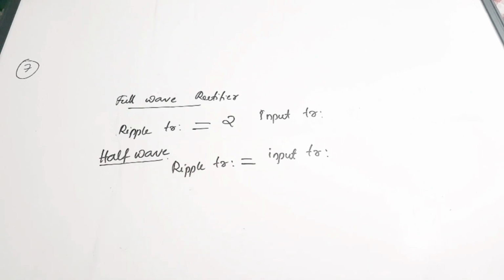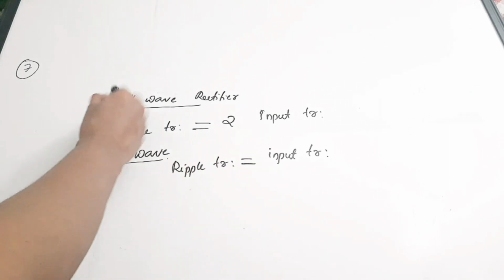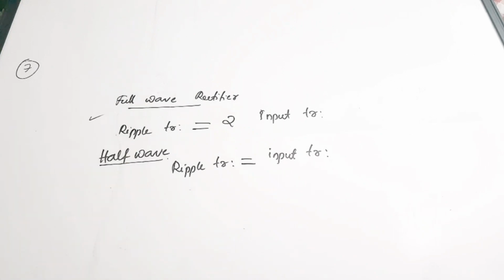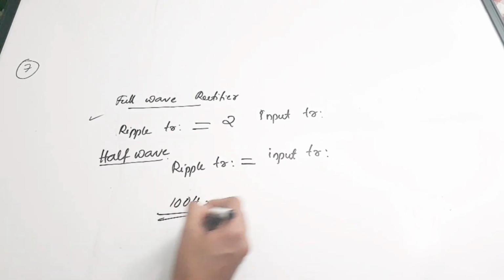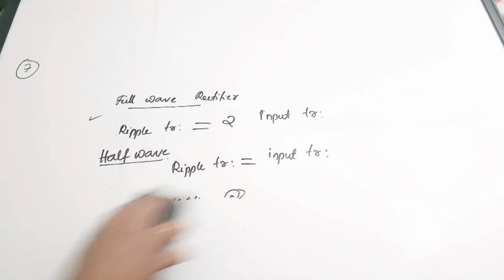Here the question is about a full wave rectifier, so it is twice. If the input frequency is 50, the ripple frequency will be 2 into 50, which is 100 Hz. Okay, so the correct answer is option A. So please note this equation. Okay, then the 8th question.